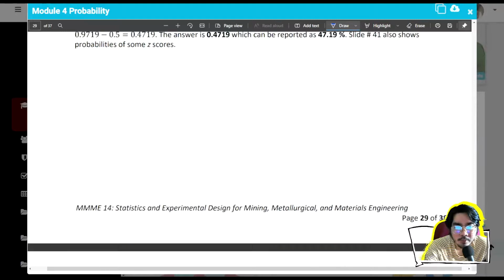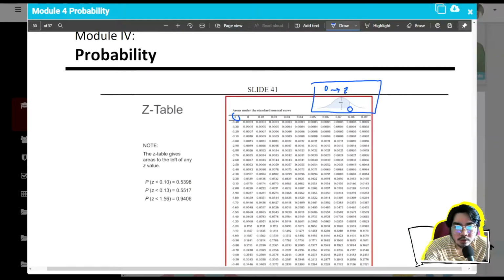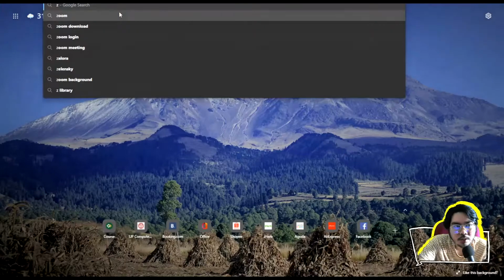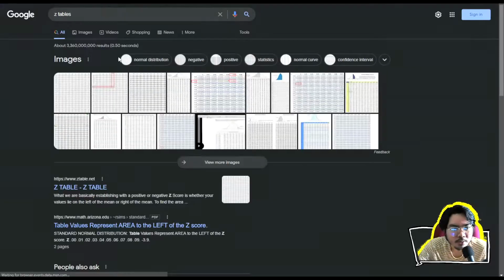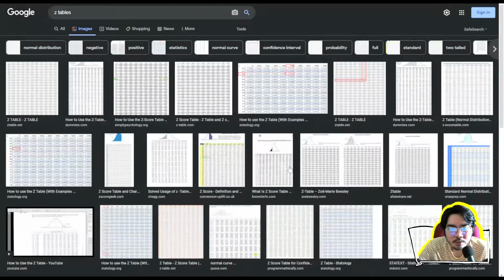Okay? Again, it depends on the table, and I can show you. If I search for Z tables, there are certain Z tables that have different treatments. Let's look at, for example, this Z table.